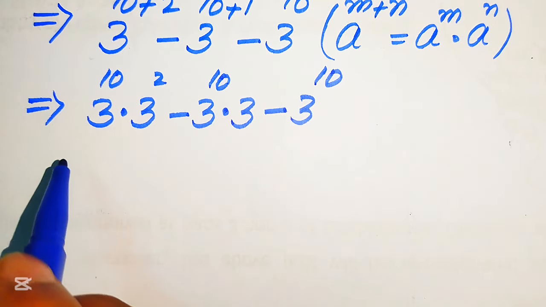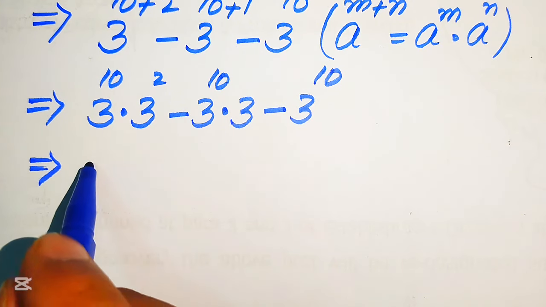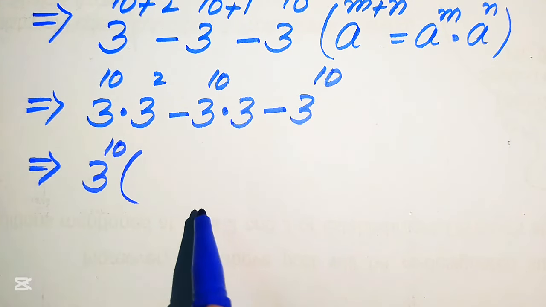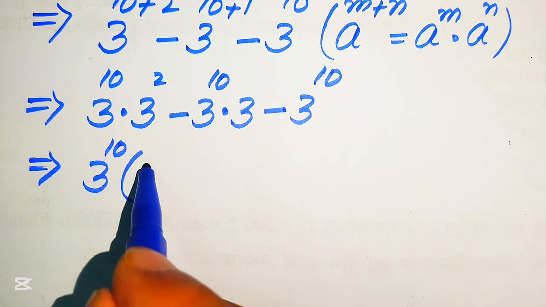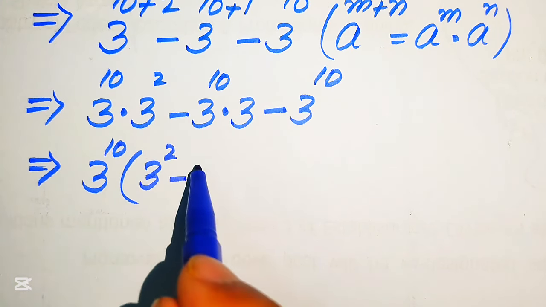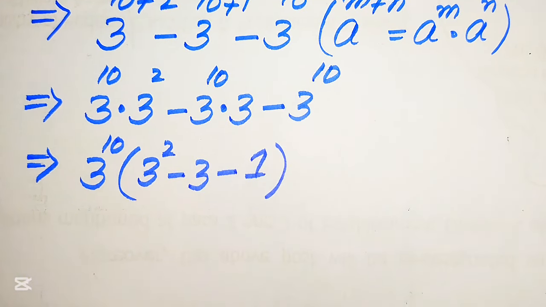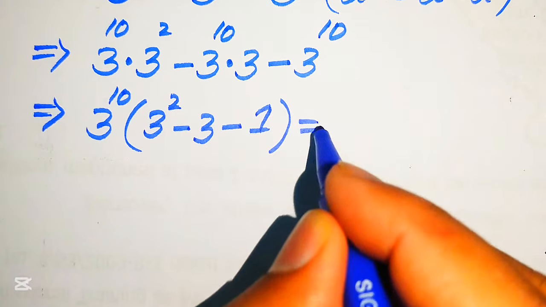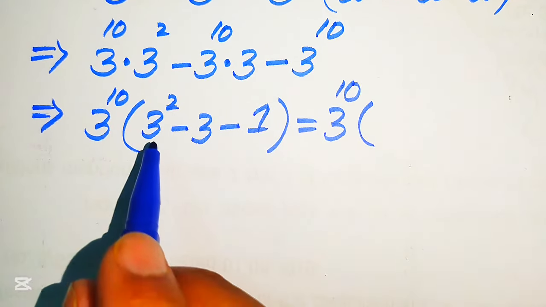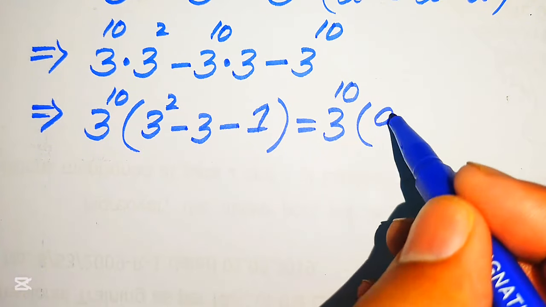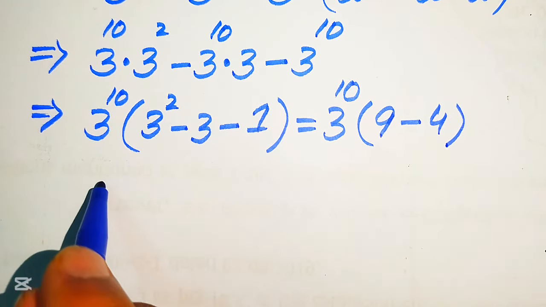Now you see each of these terms involves 3 to the power of 10, so we take 3 to the power of 10 common and we get 3 square minus 3 minus 1. Simplifying, we have 3 to the power of 10 into 3 square equals 9, minus 3, minus 1, which equals 4.